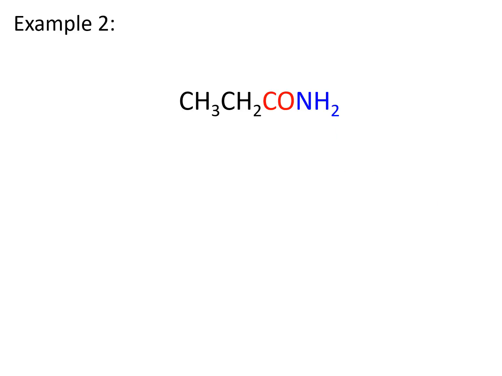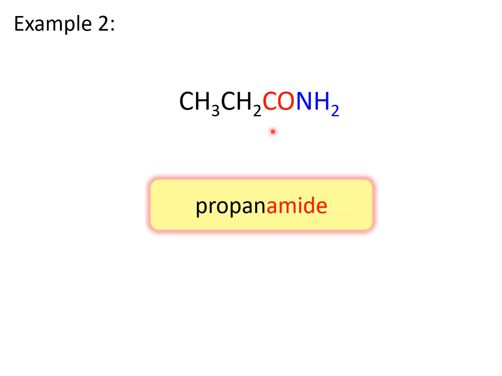In this case, you have CO. Don't confuse it: CO is not an alcohol, not a ketone. CO means you have C double bond O directly attached to nitrogen, so that means you have an amide. Count the first carbon from here, then 2, 3, and instead of propanoic acid, you change the name to propanamide.